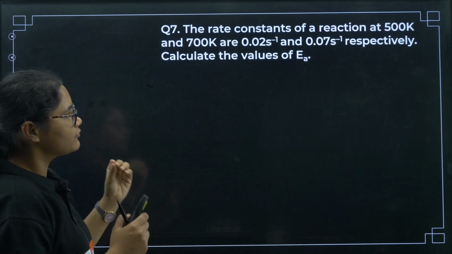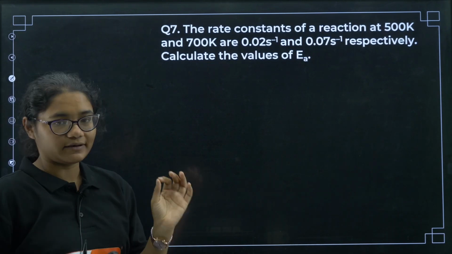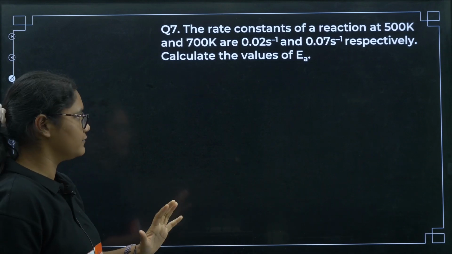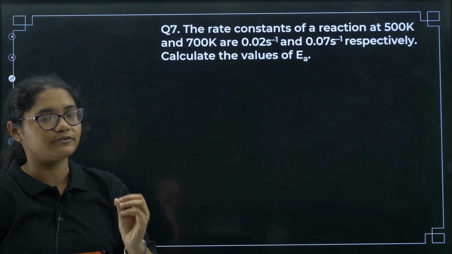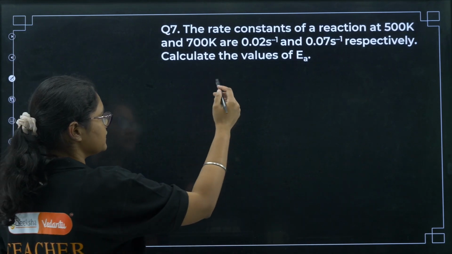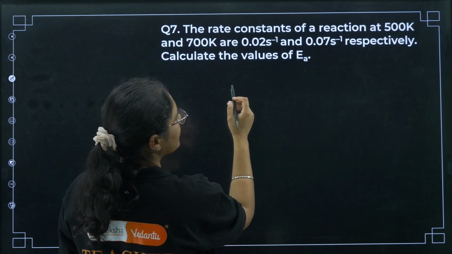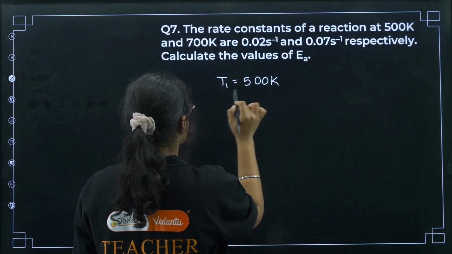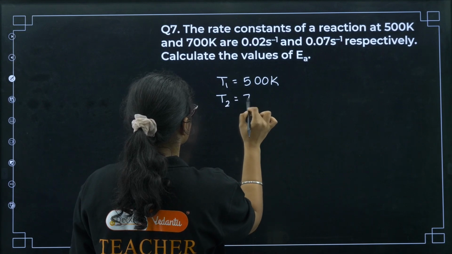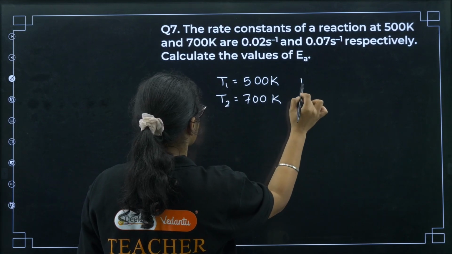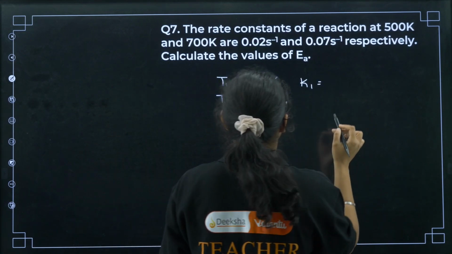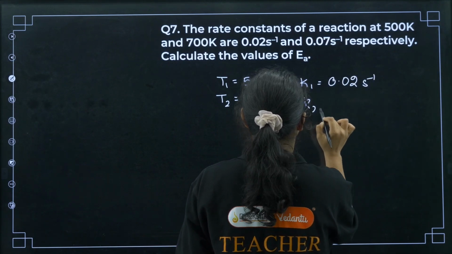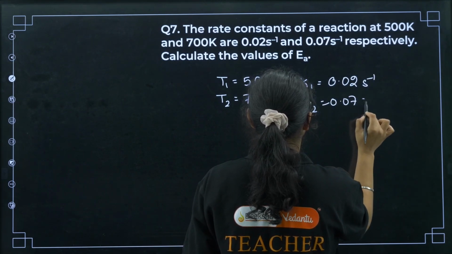The rate constants of a reaction at 500 and 700 Kelvin are 0.02 and 0.07 second inverse respectively. Calculate the value of EA. Okay, so this question, if you see, is very simple. You just have to note down first temperature T1 is 500, T2 is 700 Kelvin, K1 is 0.02 and K2 is 0.07.